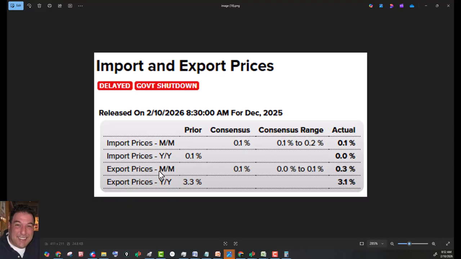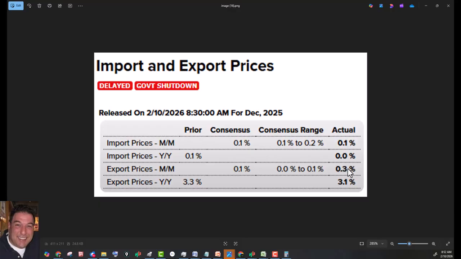Now, I don't know if that includes tariffs. What they're saying is what we sold to other companies. Let's say we sold some Chevrolets over to, let's just say, England. Not that they could afford to drive a Chevy, but they tend to use up more gas than those Euro vehicles over there. But anyways, you can see we had an increase in exports.